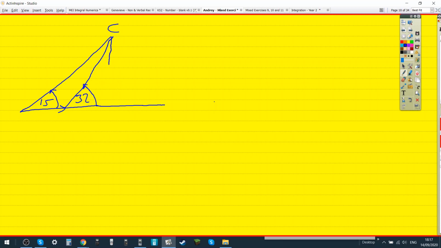And then we need to find this here. And so this angle here is 180 minus 32. So that's 148. And so we do the sine rule with that 148. This was base of 75.